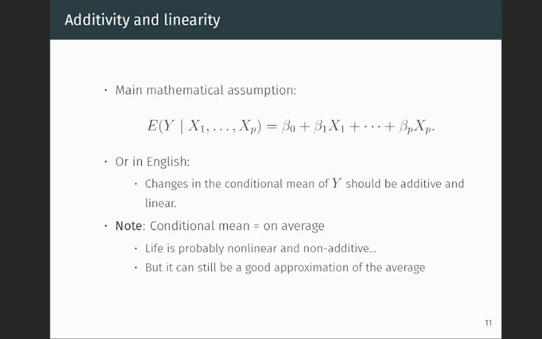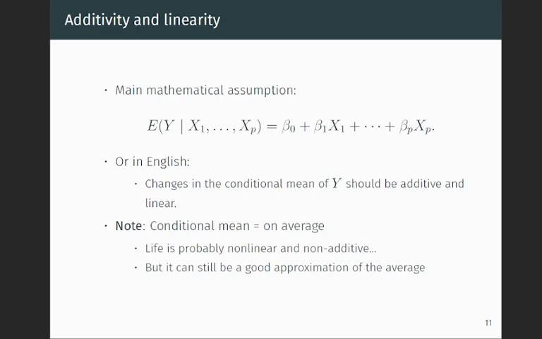Okay, so let's go through those assumptions one at a time. The first, or the most important mathematical assumption, is that additivity and linearity holds. What this means is that this equation for the conditional expectation of y is a good description of how the data is generated. In plain English, changes in the conditional mean of y should be additive and linear with respect to the covariates.